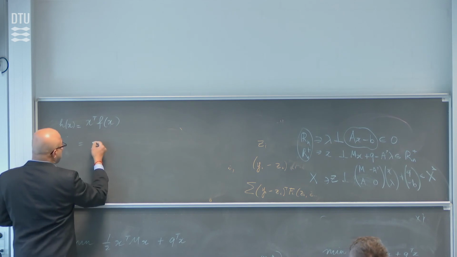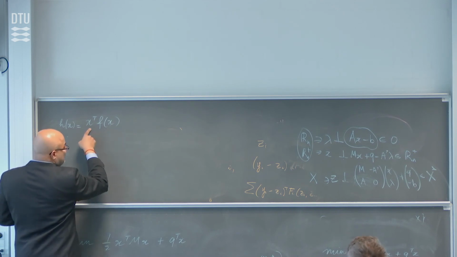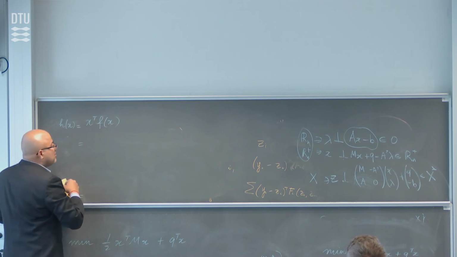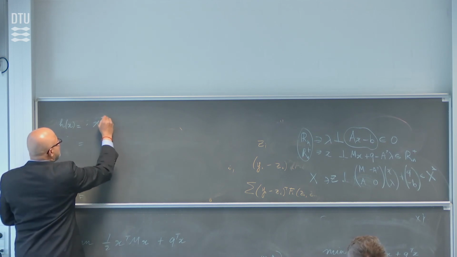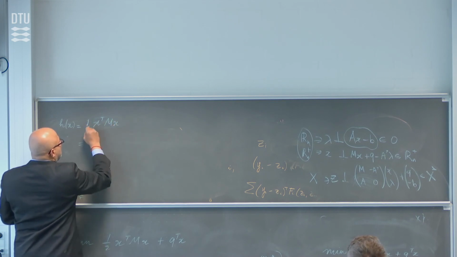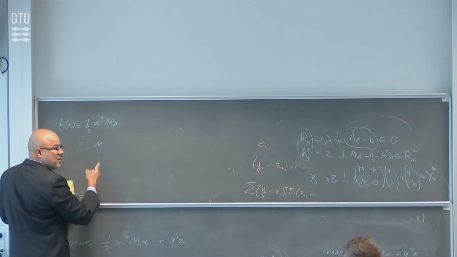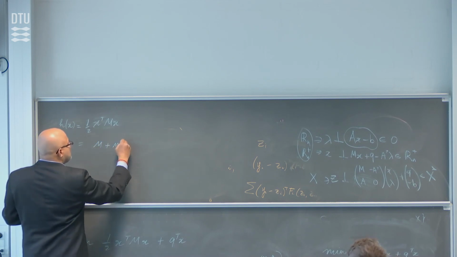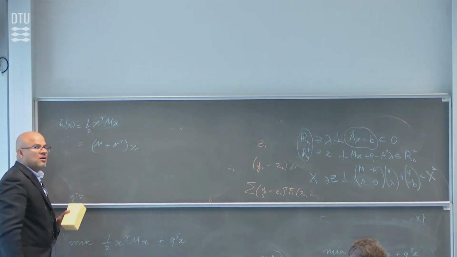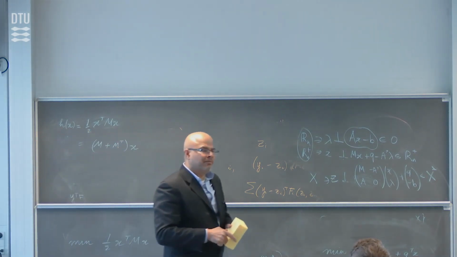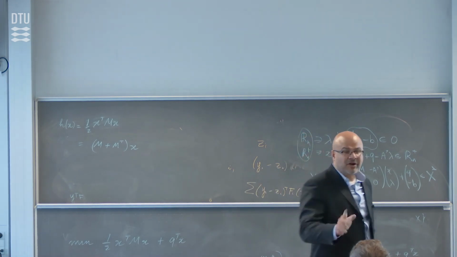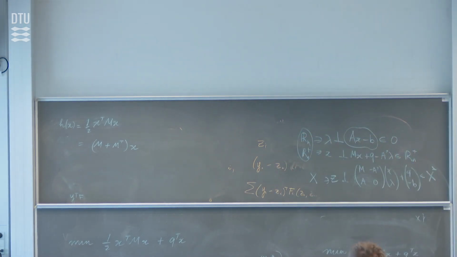So you'd differentiate this times this, this times this, right? Now, let's do the same thing here. If you differentiate this, you're going to get M. Go the other way, you're going to get M transpose. So whenever you work with matrices which are not symmetric, the gradient for that system will always be the symmetrized version. What is the symmetrized version? Just M plus M transpose divided by 2. So it'll be twice the symmetrized version.